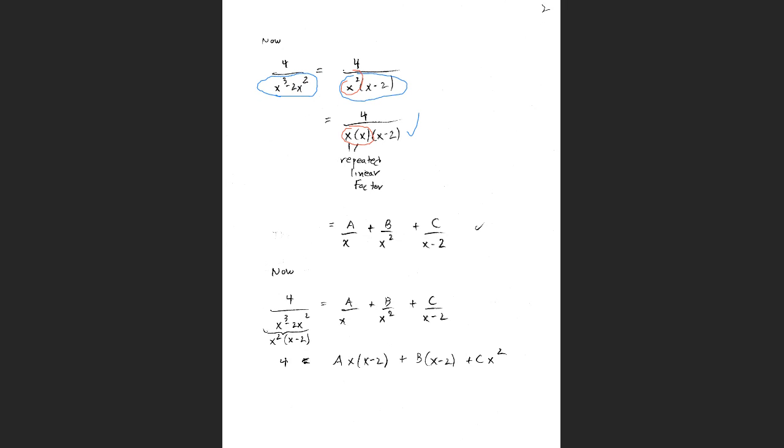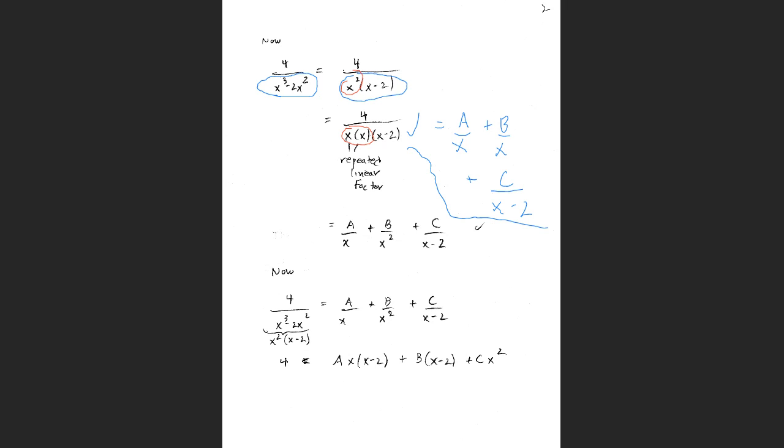You might think that the partial fraction expansion would be a over x plus b over x plus c over x minus 2. But that's not the case, because x is a repeated linear factor.